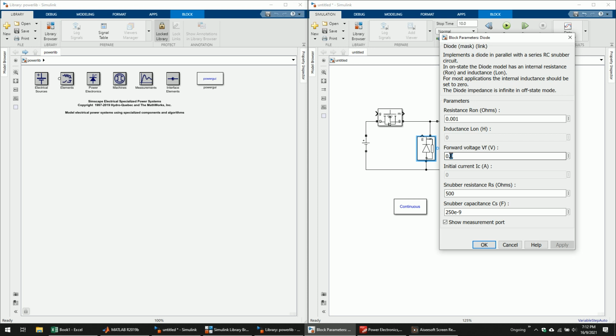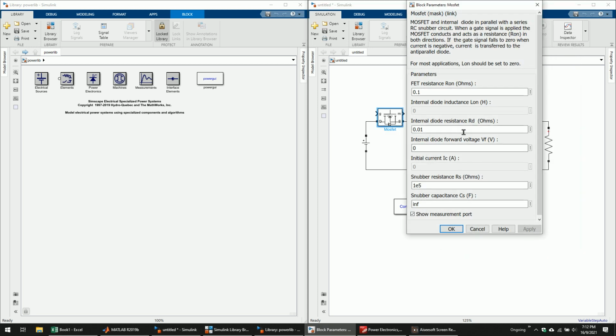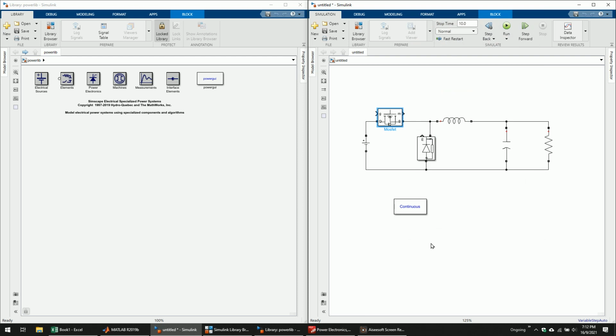If not, the result will be problematic. So I suggest you put around 0.01. And then for the MOSFET, you change the RDS on to 0.01 also. Others just leave.